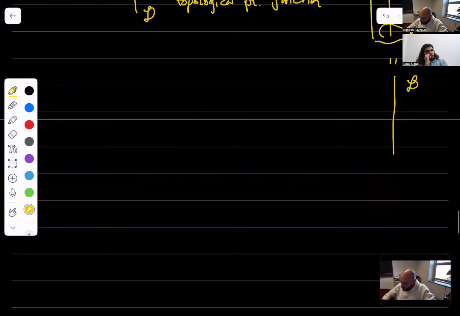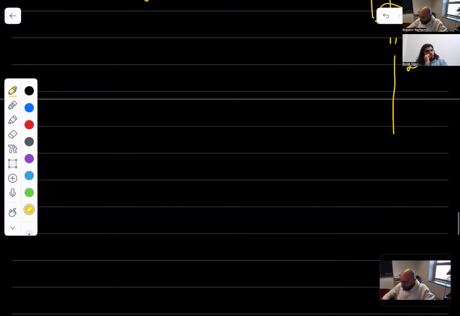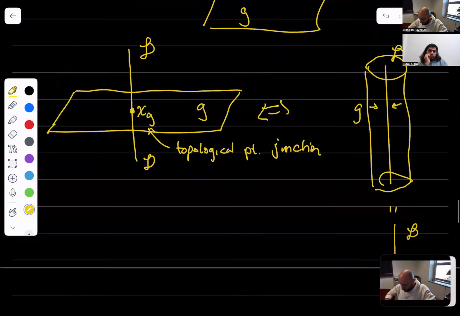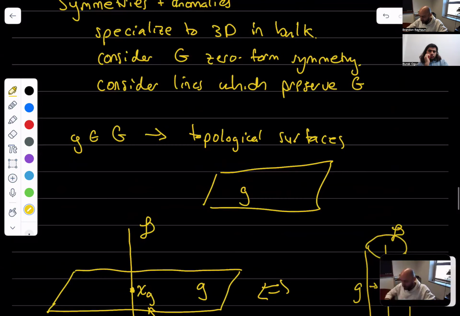Okay. And now I want a notion of a defect anomaly. Let me crucially emphasize that you can discuss the anomalies of this zero form symmetry in the bulk theory, and you'll get some answer, but that's not what this definition is going to be about.